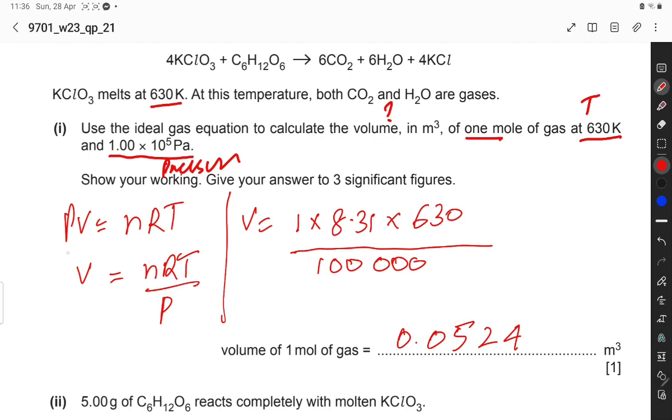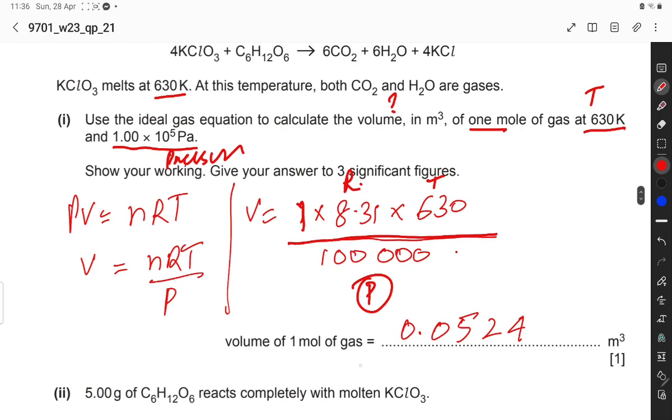We have to find out volume, so modify this equation like this: V is equal to nRT over P. V is equal to 1 mole, 8.31 is the gas constant, and this is temperature in Kelvin. This is temperature, and this is pressure. So by calculating this value we get 0.0524 meter cube as the answer.